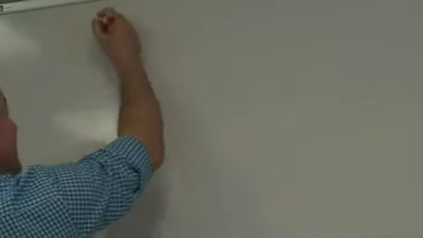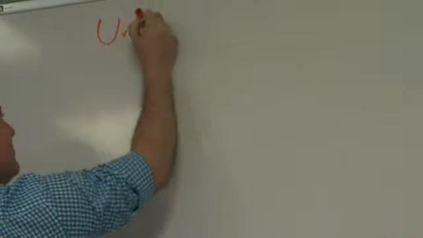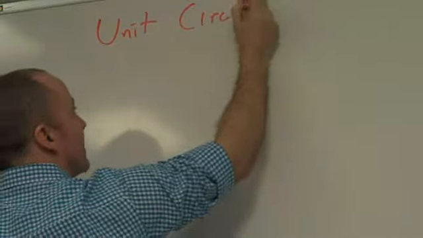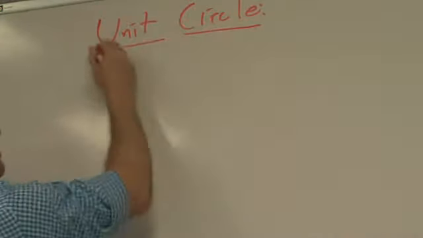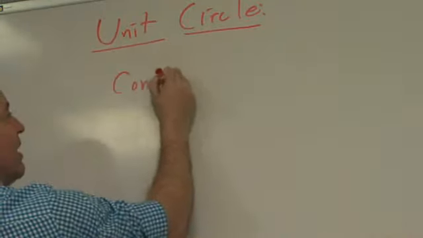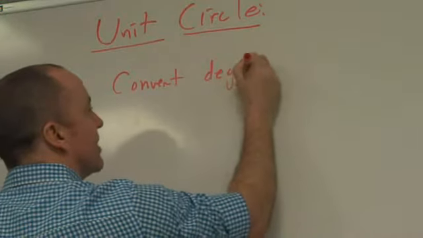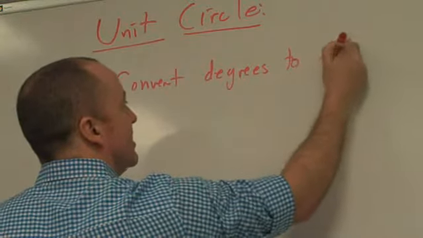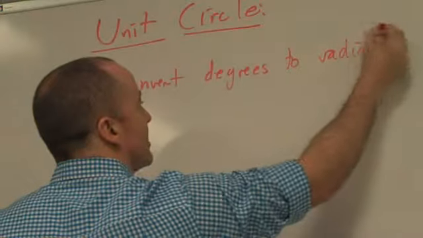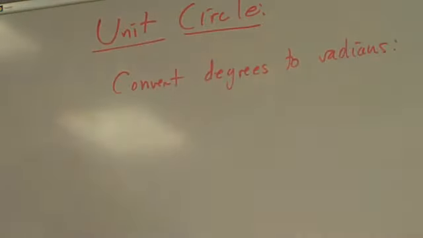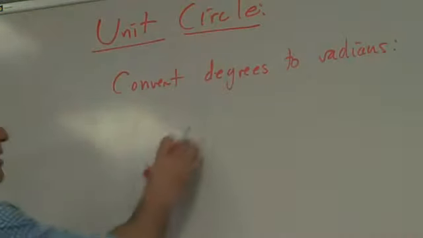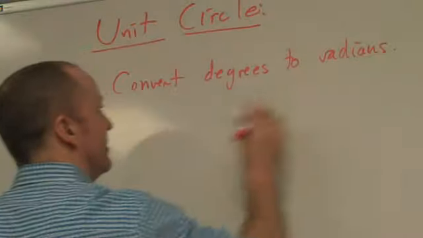So it's going to be all about the unit circle, which means convert degrees to radians. That's going to be big.